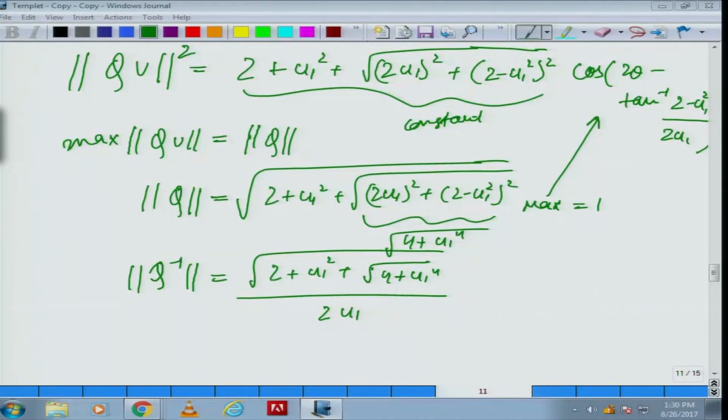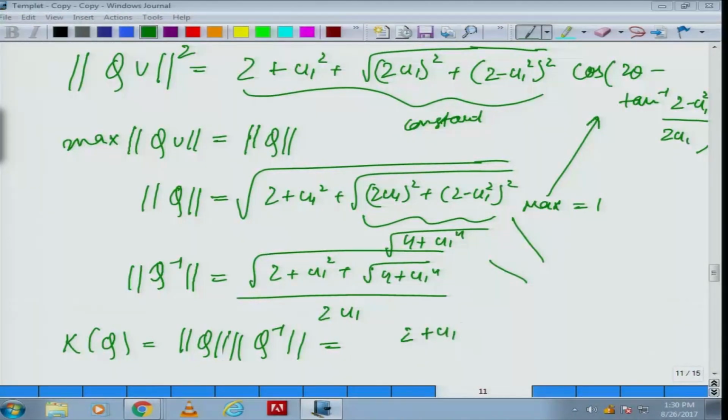To find the condition number of Q, K of Q is equal to the norm of Q into the norm of Q inverse. We just need to multiply these two, and we get the square root of (U2 plus U1 square plus 4) upon 2 U1. So we get the condition number of Q.